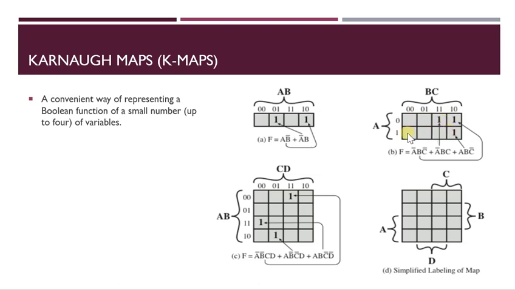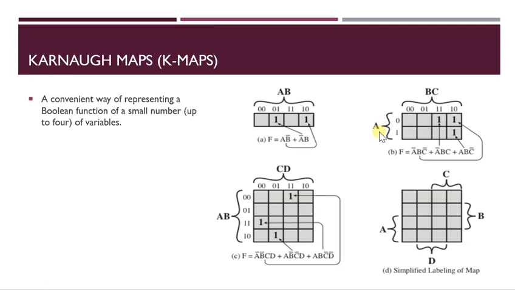And how do we position the variables A, B, and C? You have to remember that the most significant variable, A, should reside at the row, and BC should reside at the column. Don't change the orientation of the variables, otherwise your answer will be totally wrong.